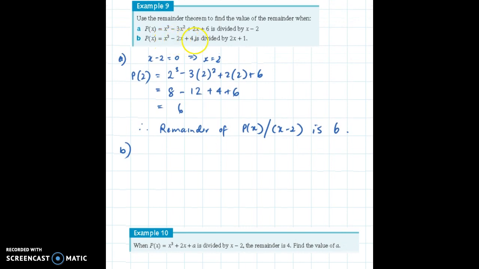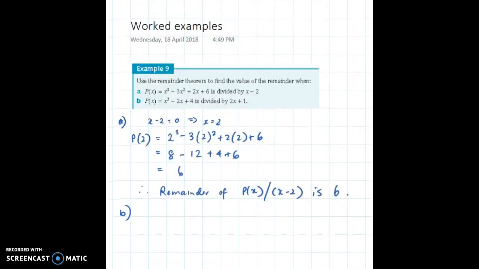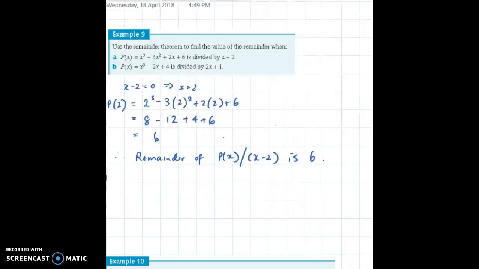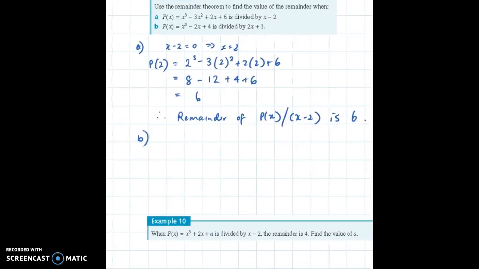You're dividing this polynomial by that, and it says use the remainder theorem, so you're going to use the remainder theorem. Sorry guys, 2x plus 1 equals 0, then x equals minus 1 on 2.